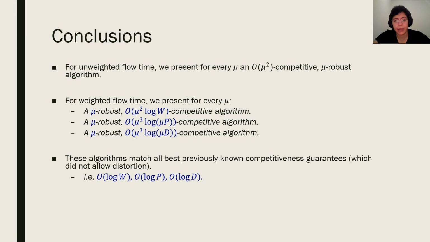These algorithms match all best previously known competitiveness guarantees, which of course did not allow distortion, when our distortion is constant. So we achieve the same bounds as those algorithms, but we also support distortion. When mu is not constant, our dependence, as I said, is polynomial.